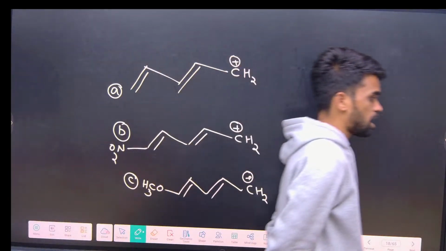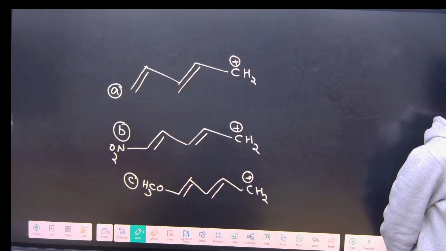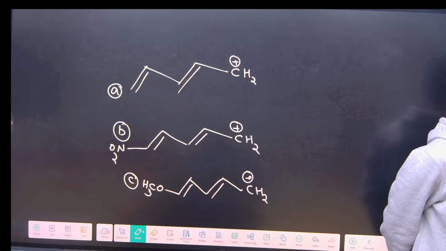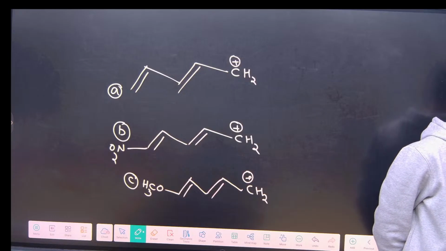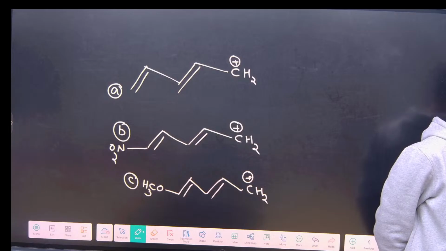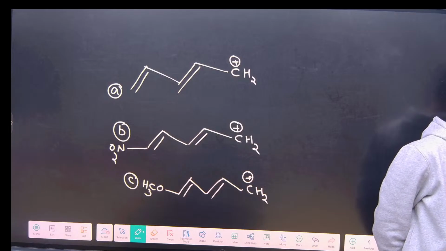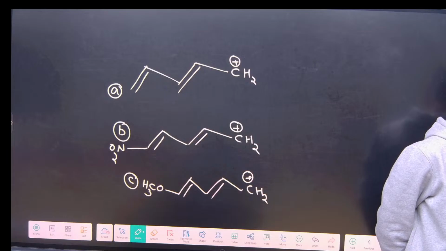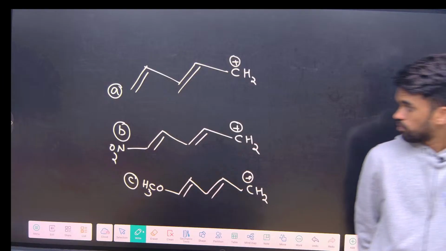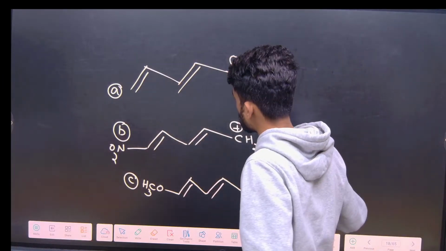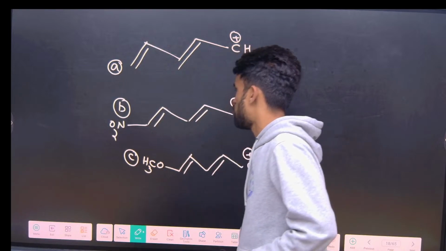Out of these three carbocations, which is more stable and why? Second option or third option or first option, or the stability order you can see.